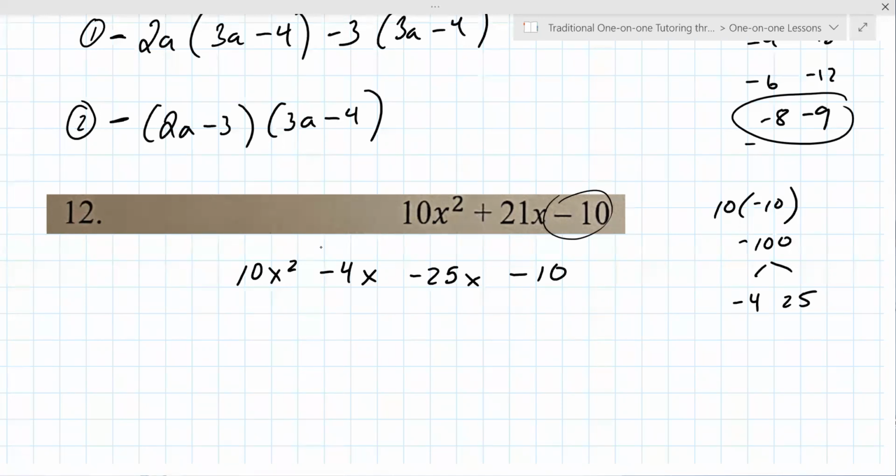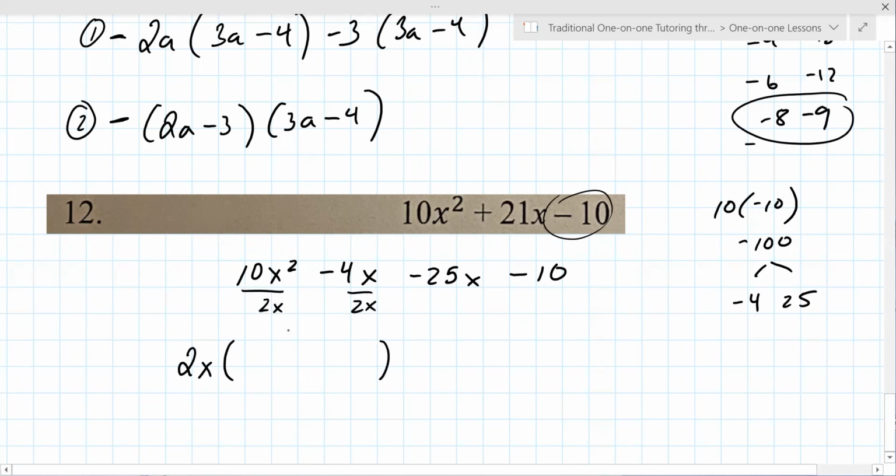What is the GCF between the first two terms? It should be 2x, right? And you divide both of them by 2x, and what goes in parentheses here?